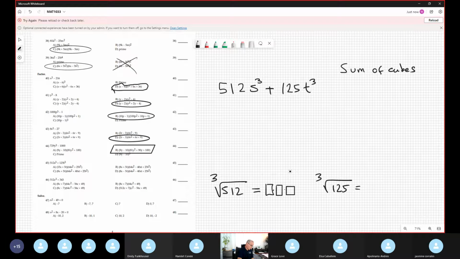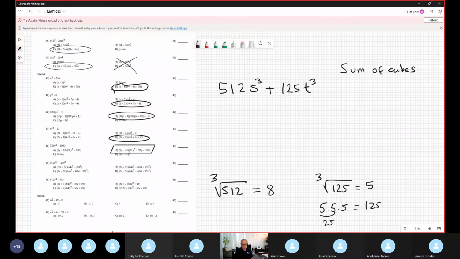3, second, higher root. I put inside the parentheses 512 and close the parentheses. Boom, the answer is 8. So this cubic root is 8. And this cubic root is 5. 5 times 5 is 25, and 25 times 5, 5 times 5 times 5.